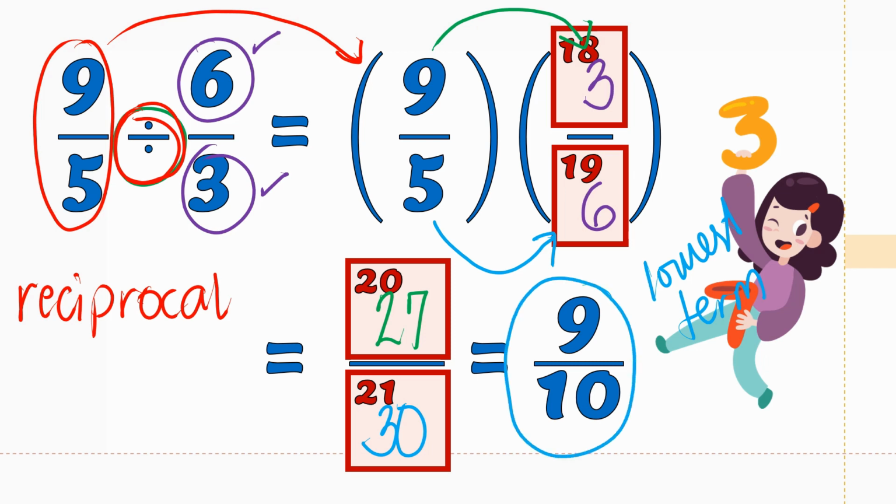It's because 27 and 30 can be divided by, anong number? By 3. Tama ba? Yes, by 3. So, 27 divided by 3 is 9. 30 divided by 3 is 10. So, hindi mo na yan lowest term. That's already the lowest term. Okay?